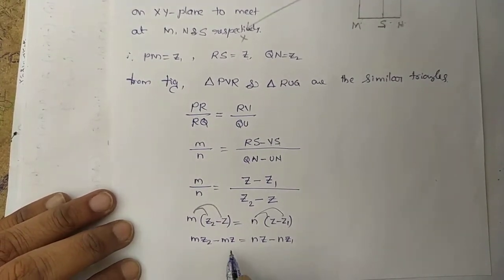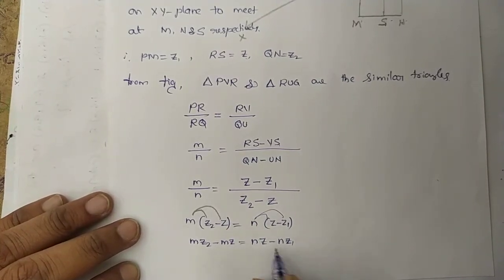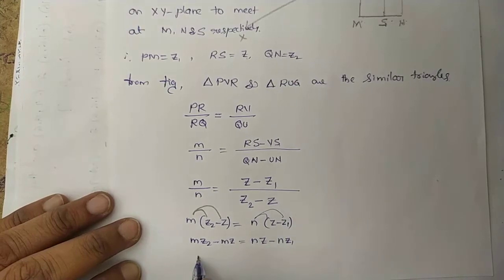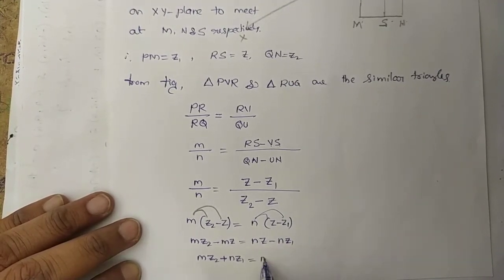Now, we want Z, so send this minus MZ to the right, NZ1 to the left. MZ2 plus NZ1 equals NZ plus MZ.